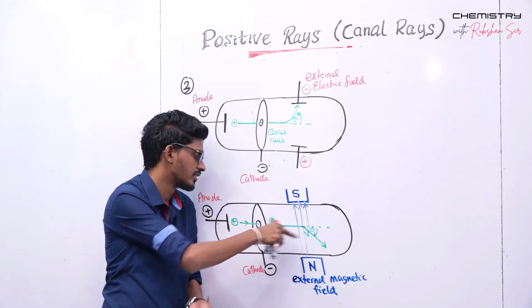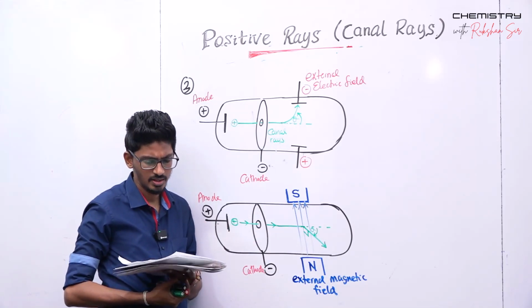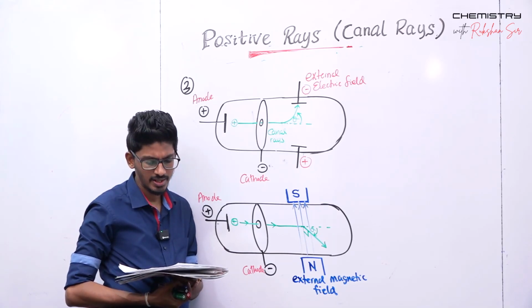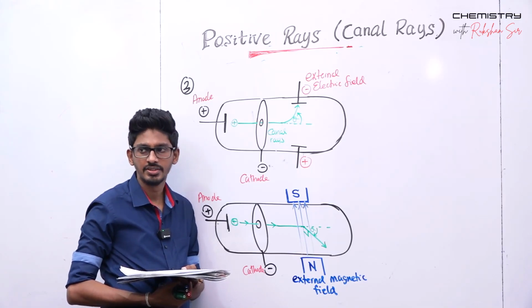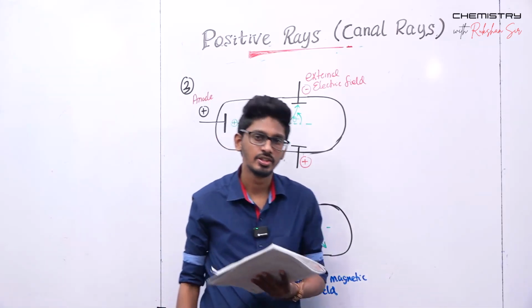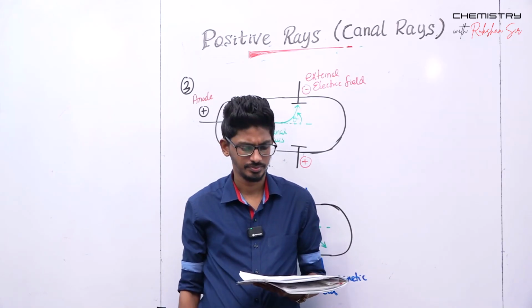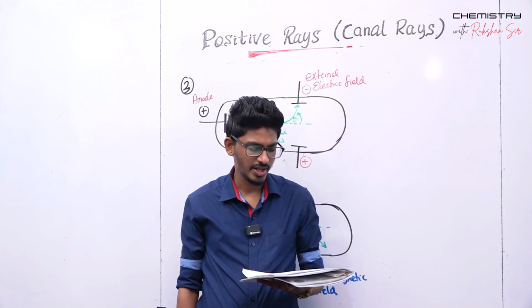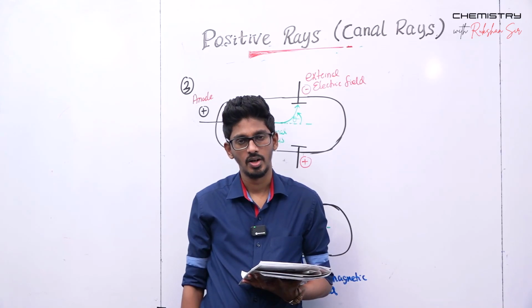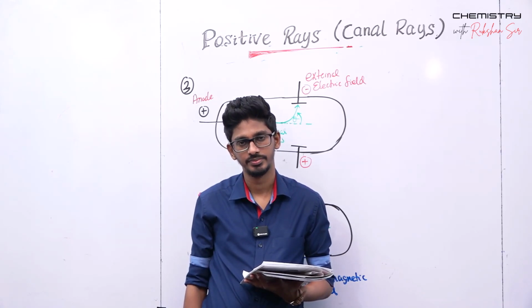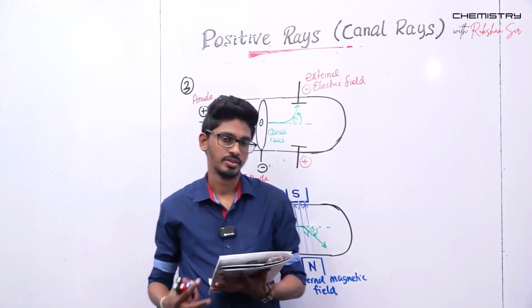See, they are deflected, they are changing their path here. Come to the normal color, and the direction of deflection is opposite to that of cathode rays. That is the idea.